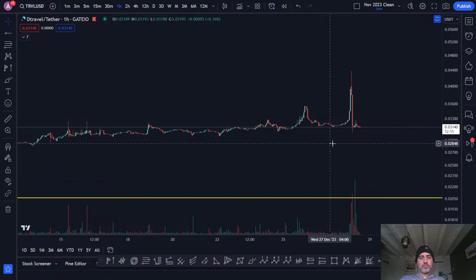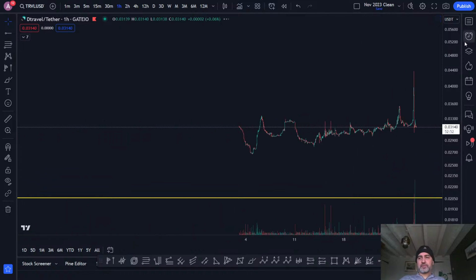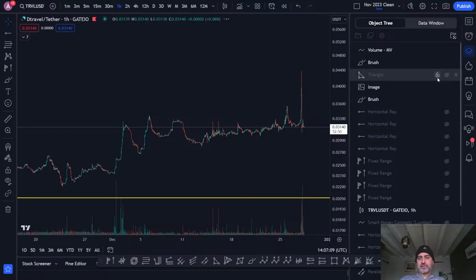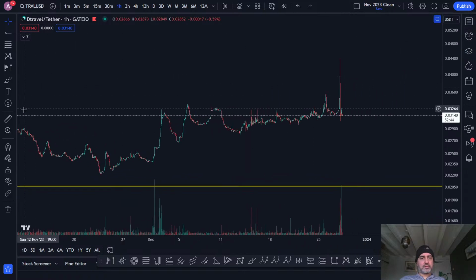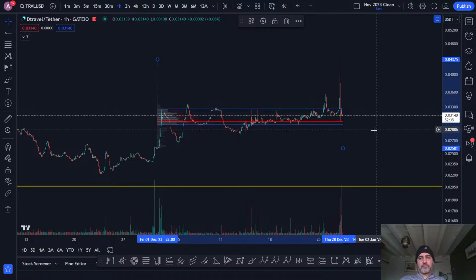Now, we are above some key areas. I don't know, I just have to draw it again. We are above. Look at that.